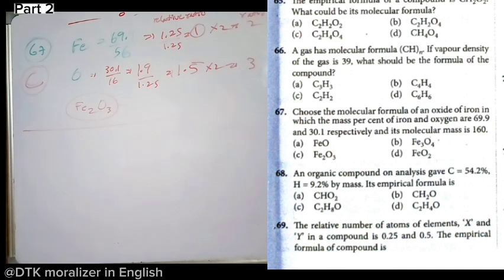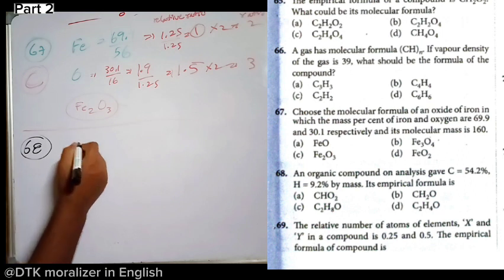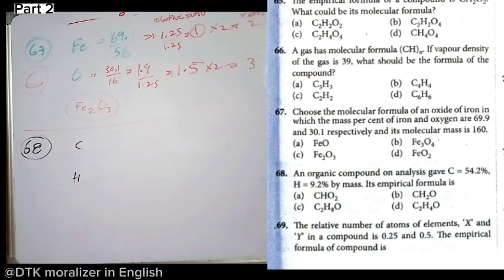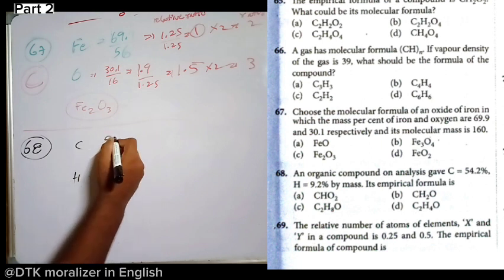An organic compound on analysis gives carbon equal to 54.2%, hydrogen equal to 9.2% by mass. Its empirical formula is? So here as you can see, carbon and hydrogen are given.